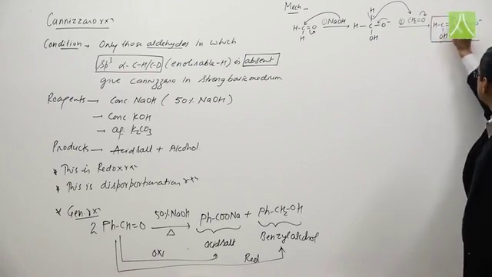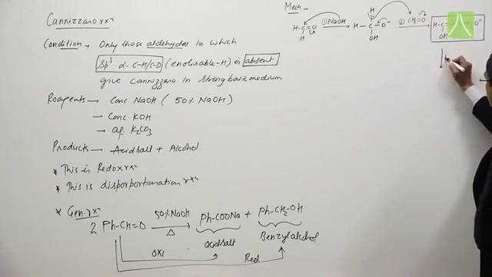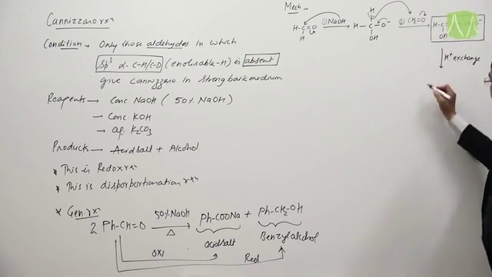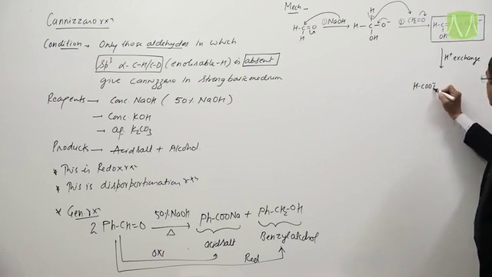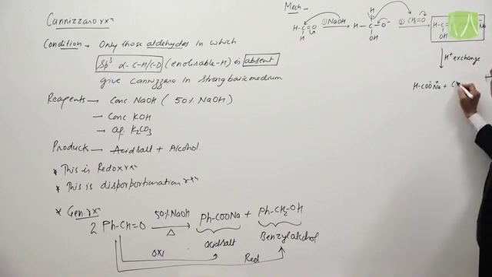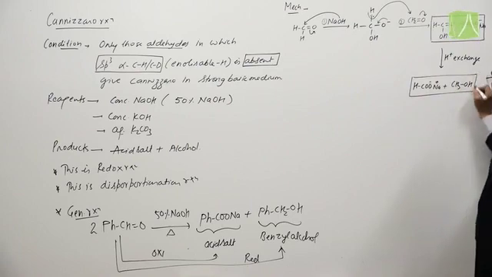So one component is acid, one component is alkoxide. So an acid base reaction takes place and H plus is exchanged from the stronger acid to the strong base. So finally acid salt plus alcohol is obtained. So this is the final product.